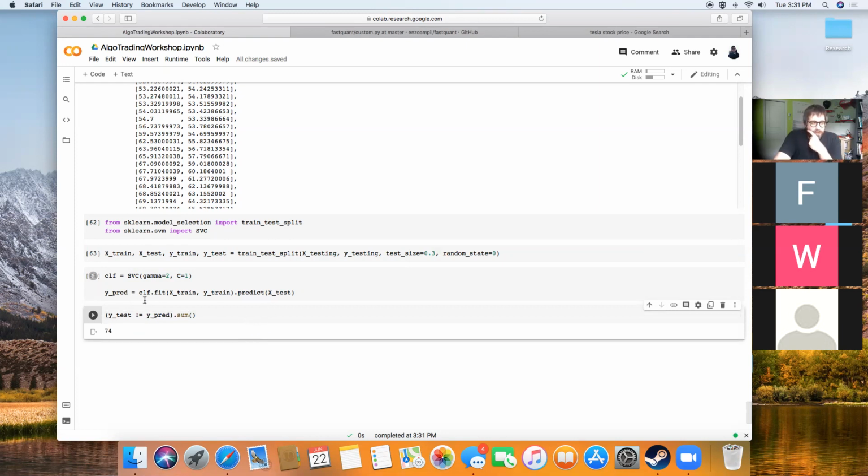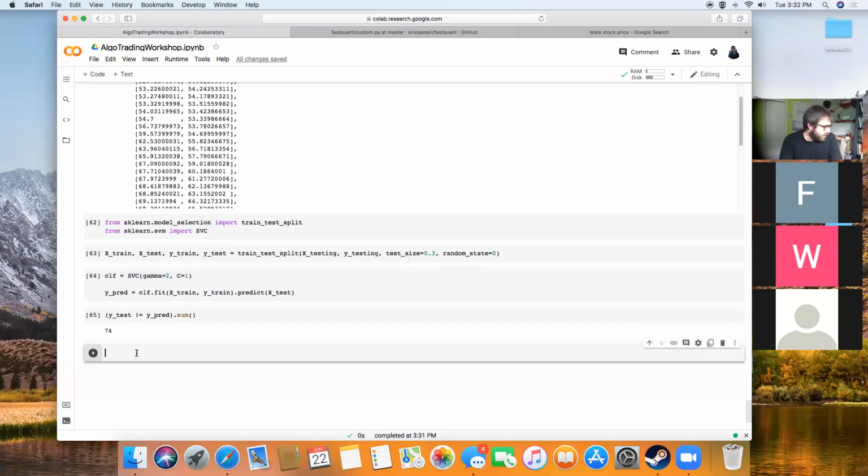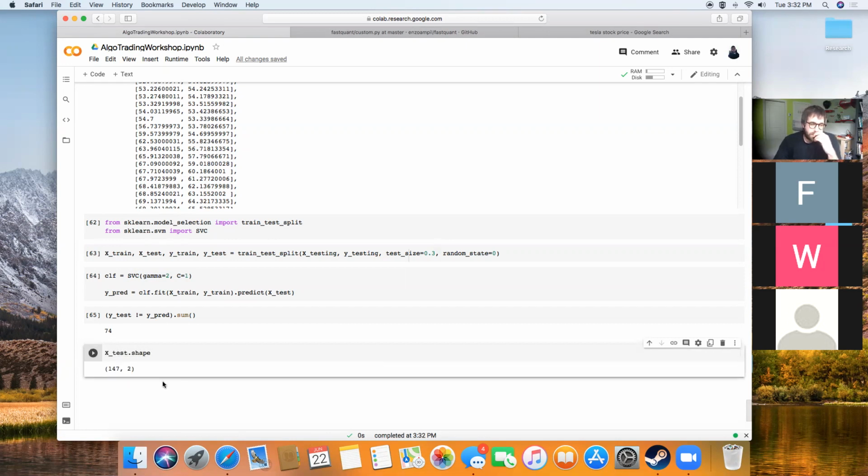Okay, so 74 out of how many? Let's see what the size of it is. Okay, so 74 out of 147 were not predicted correctly. The rest were classified correctly.